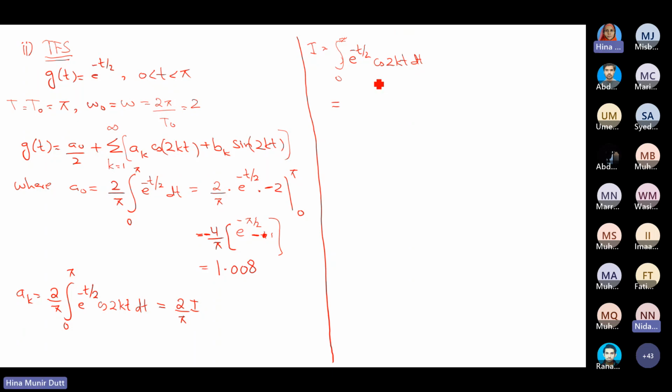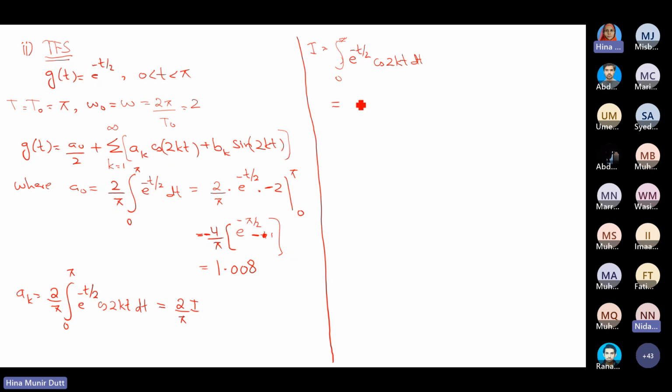So now I have to apply the integration by parts. Let's take the cos of 2kt as the first function and e to the power minus t over 2 as the second function. I will also take e to the power minus t over 2 as the first function because it's easier if I take cos 2kt as the first function.